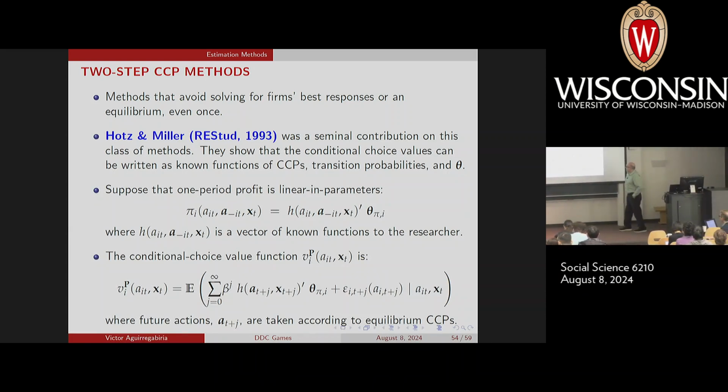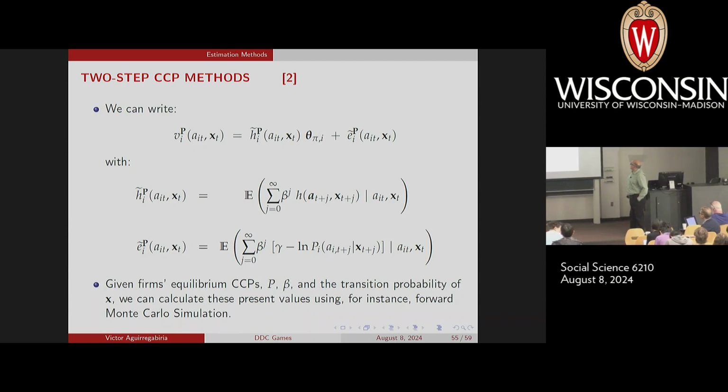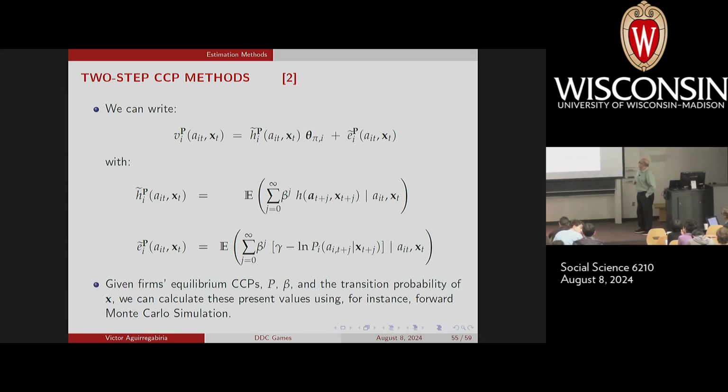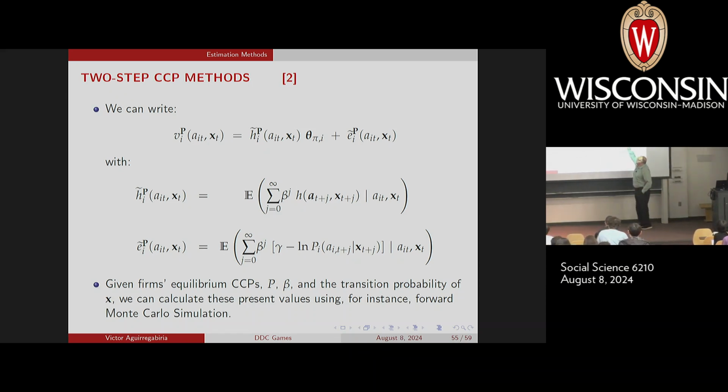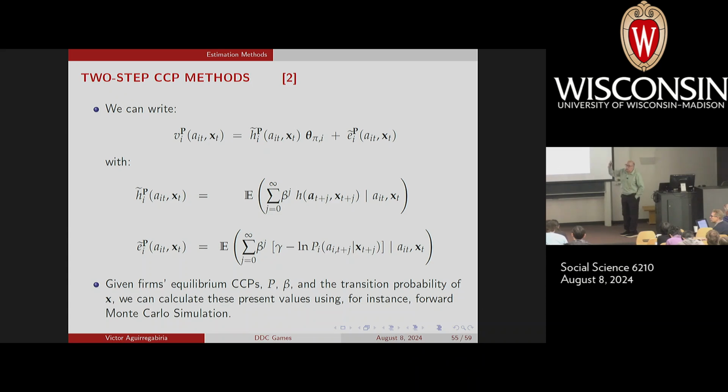Then, under this structure, it's possible to show that given the choice probabilities of a player, we can write the conditional choice value function, given p, as this linear expression, where h tilde p is the present value of the h vectors that we will visit in the future if players behave according to the vector of choice probabilities p.